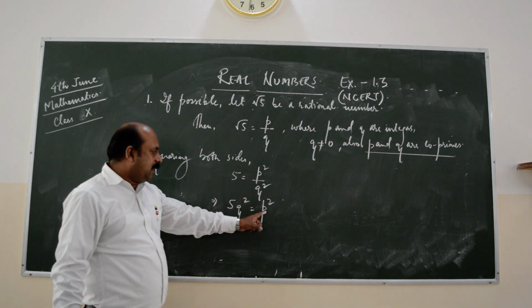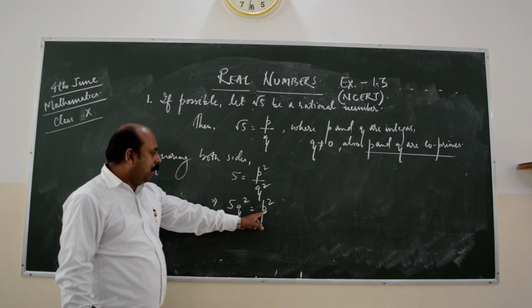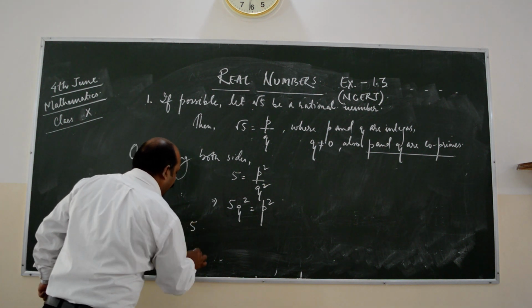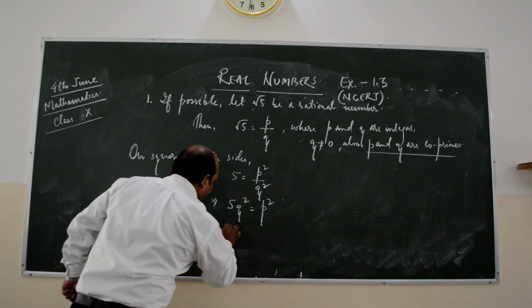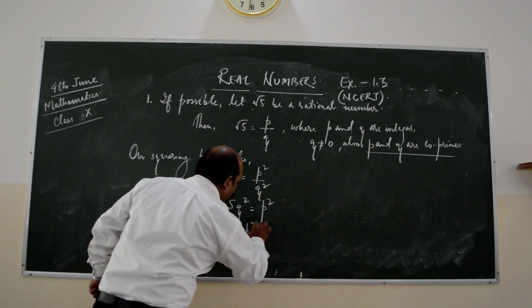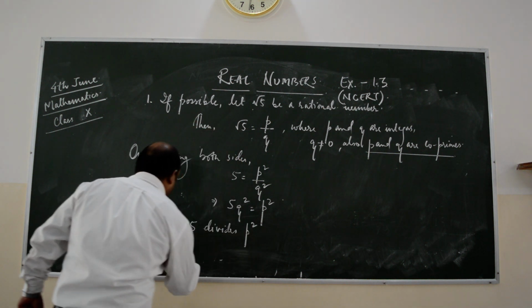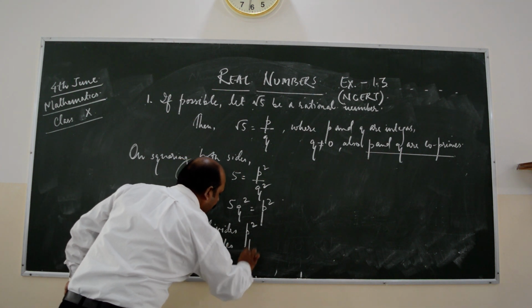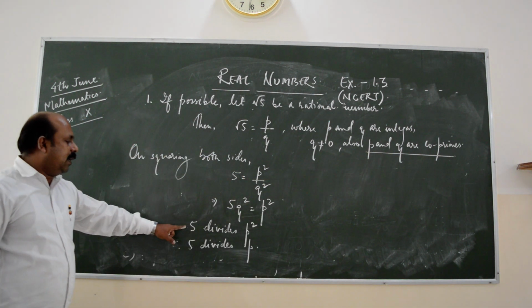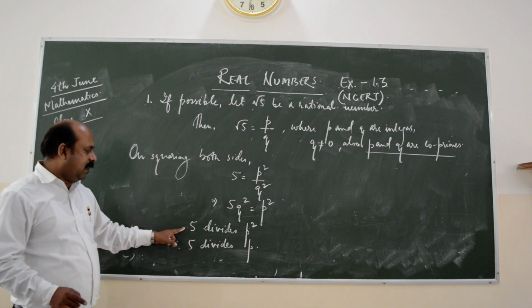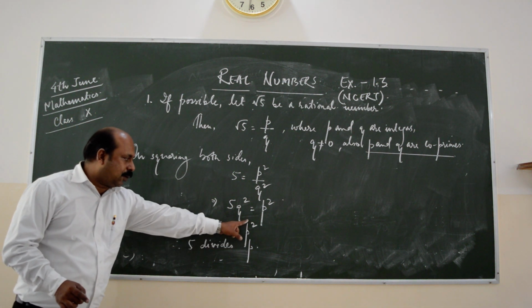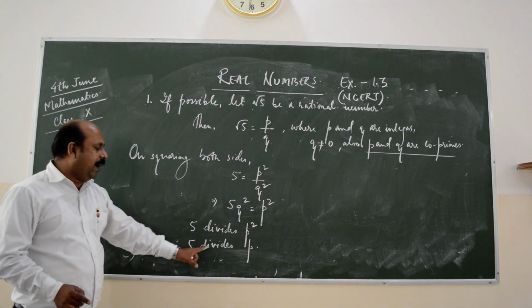So we are expressing P square as a multiple of 5. So we can say 5 divides P square, therefore 5 divides P also. This is in accordance with the theorem that we have just discussed. 5 is a prime number and 5 divides P square, therefore 5 divides P.